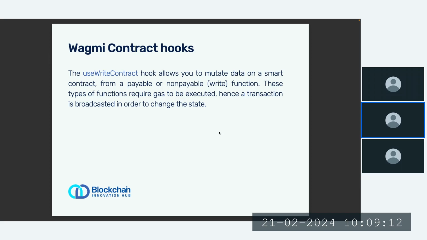Now, all of this requires that data is mutated, right? So you can make use of the write contract to call functions like that. But if you want to read the balance of an address, if you want to read the total supply from an ERC token, all of that you can do with useReadContract, because you are reading the state. You don't have to make any mutation or updates to the smart contract.